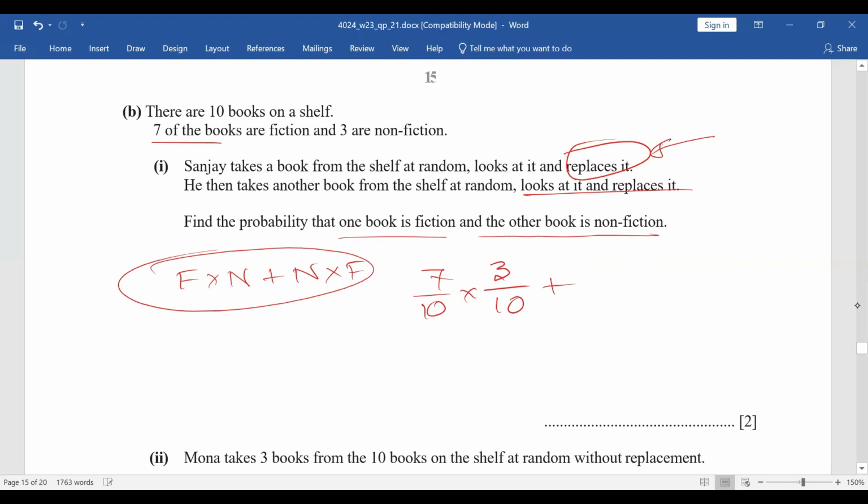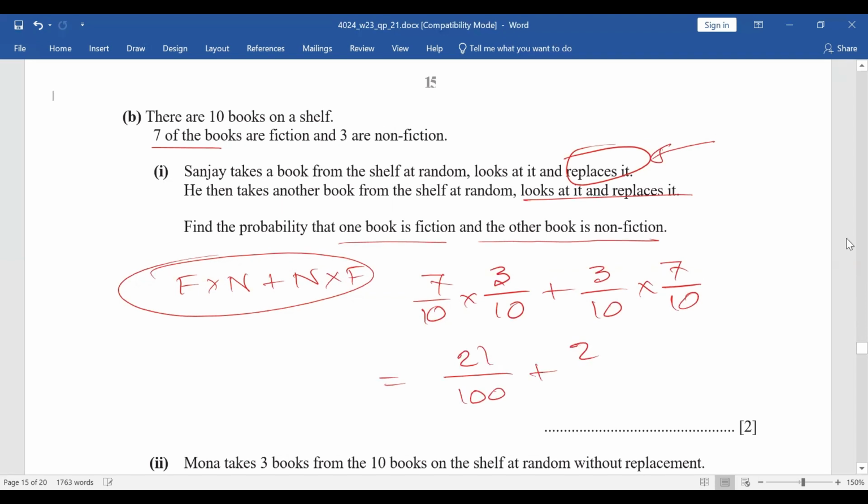Plus non-fiction times fiction: first one non-fiction, 3 by 10, times second one fiction, 7 by 10. So 7 times 3 is 21, and same 21 by 100. That means 42 by 100.